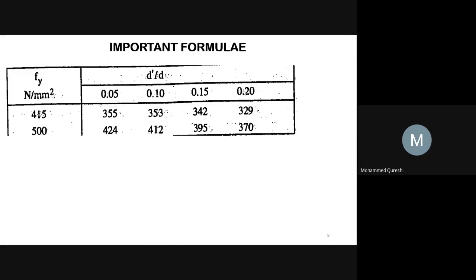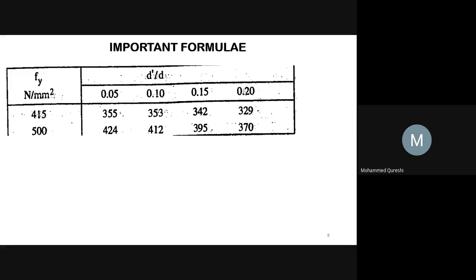Now we will go for another equation. As we know that the Fsc and Fcc, both values are unknown for us. That is, what is Fsc? Stress in compression reinforcement. And what is Fcc? Compressive stress in concrete at the level of compression steel.